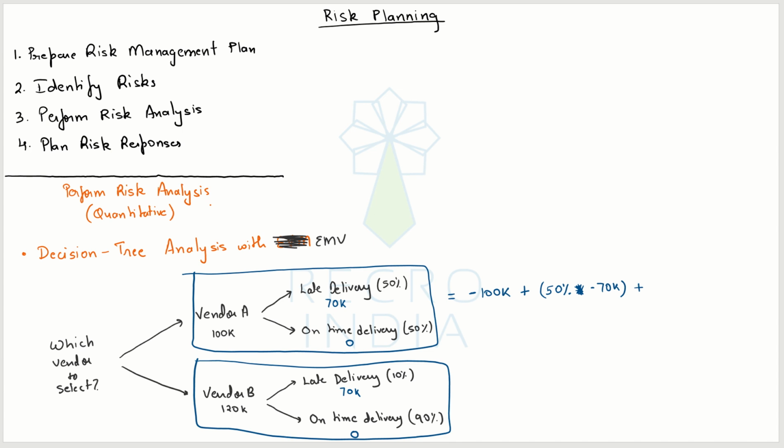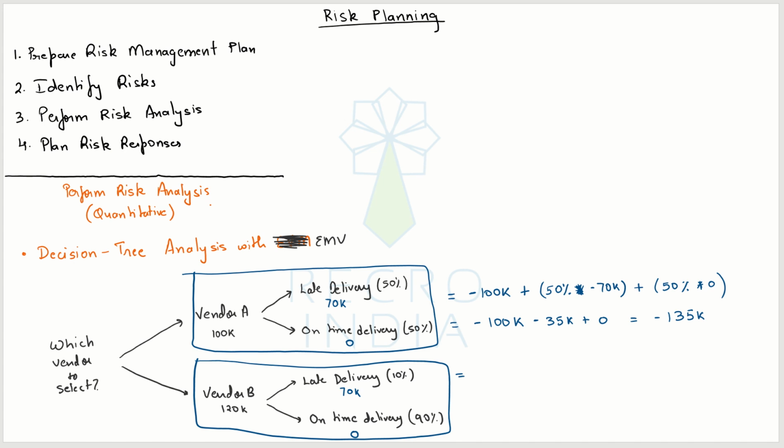And if they deliver on time, which again we are saying there's a probability of 50%, and the impact of that is 0. So let's solve this. Minus 100k paid upfront to the vendor for the work. This comes out as negative 35k, plus this comes out as 0, which means the total cost of selecting vendor A stands at $135,000 negative, something out of our pocket.